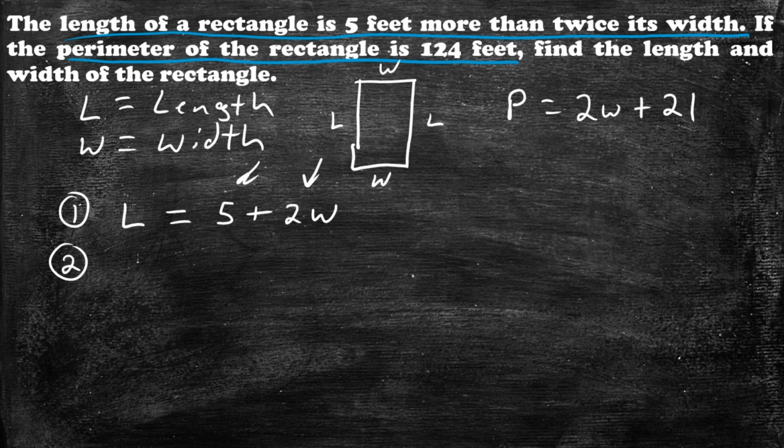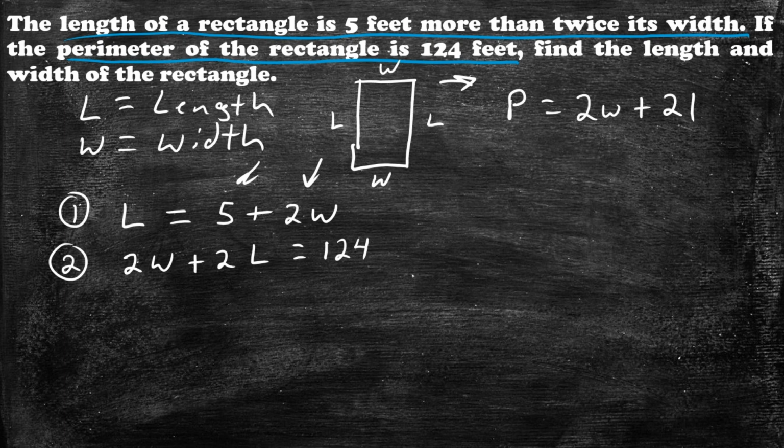So if you were to add those all together, this formula for perimeter is the simplified version of that, instead of putting L plus L plus W plus W. So we know that 2W plus 2L is equal to 124 feet, and that 124 was given.